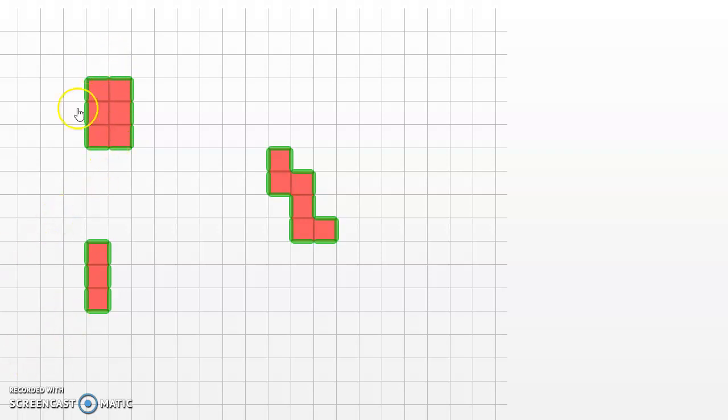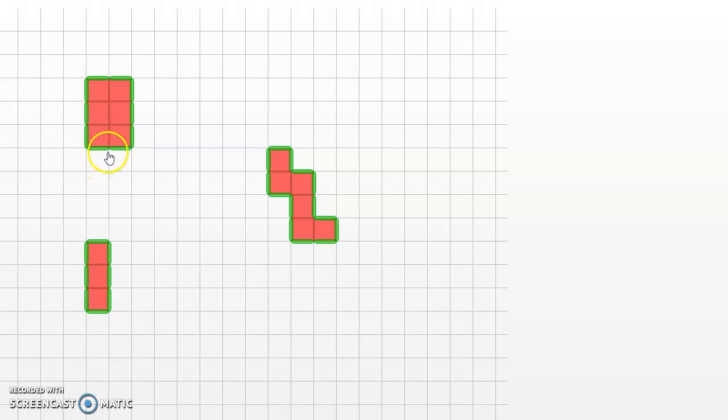So this first shape right here, this rectangle, is tiles and toothpicks. The inside part are tiles, and there are 6 tiles. That means the area, or the inside of the shape, is equal to 6 tiles. Okay? When you're measuring real things, it might be 6 square feet.